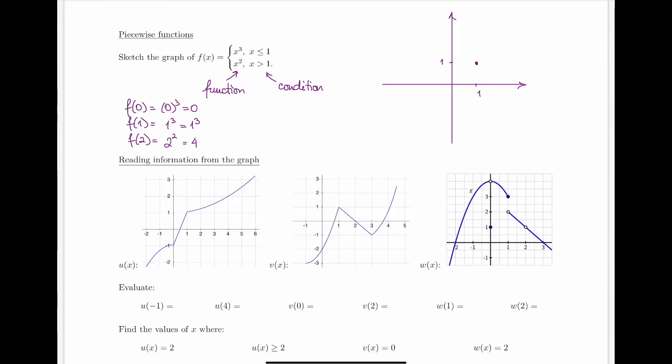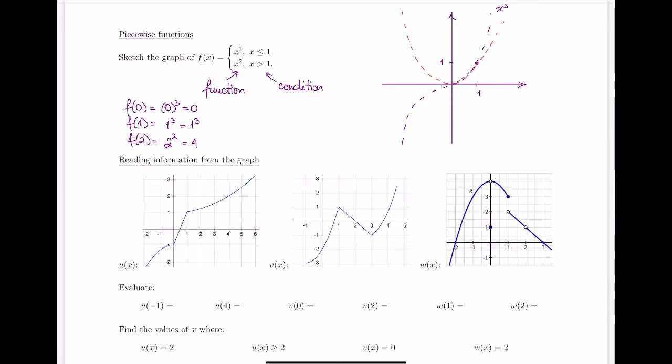First of all, I notice that I have a function x cubed, and x cubed has generally this shape. So this is my x cubed. And my second function here is x squared, so a parabola, which means that I'm going to have something like this. And remember that the parabola will lie on top of the cubic at first and then below it afterwards. So for small values, higher powers are flatter.